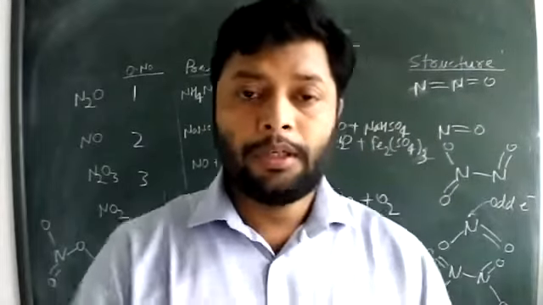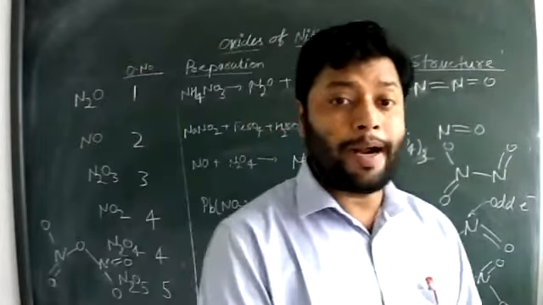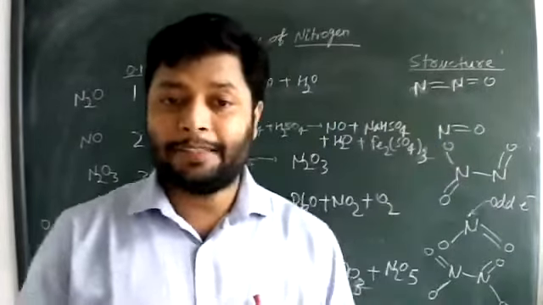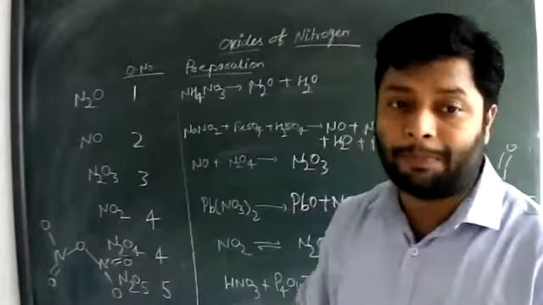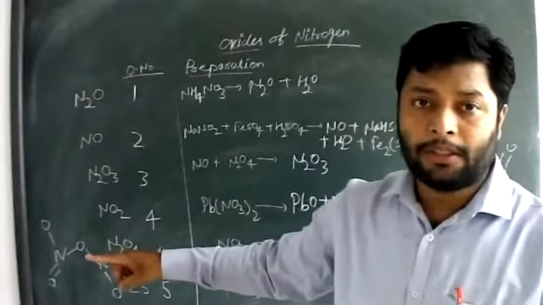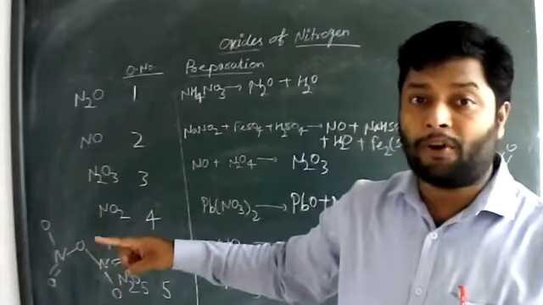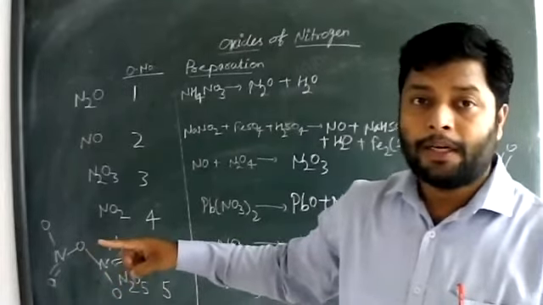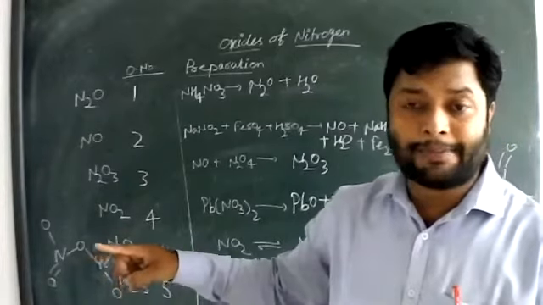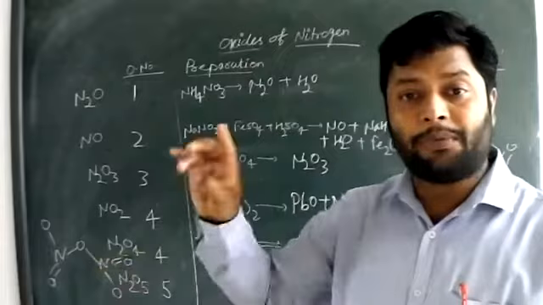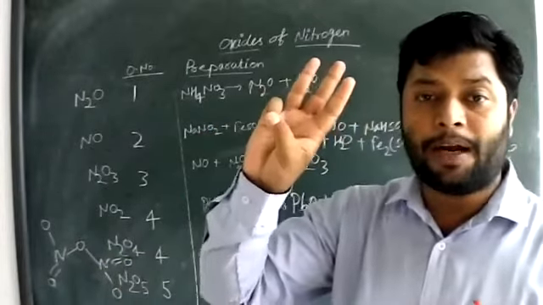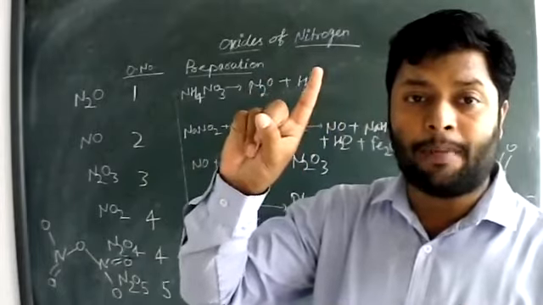So from the table, what you have to learn is that the maximum oxidation state of nitrogen is +5, but still you can see the covalency of nitrogen. Nitrogen only forms 4 bonds. So the maximum covalency is actually only 4 because nitrogen has only 4 orbitals, 3 from p orbitals and 1 from the s orbital.